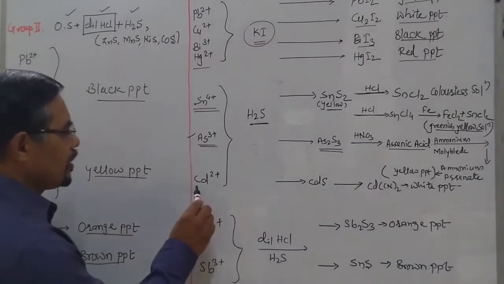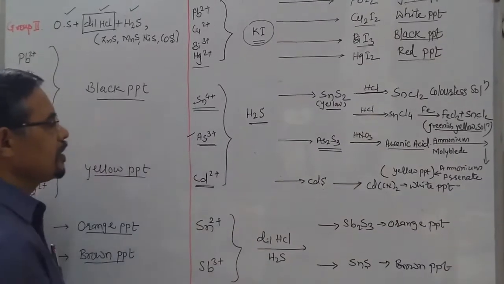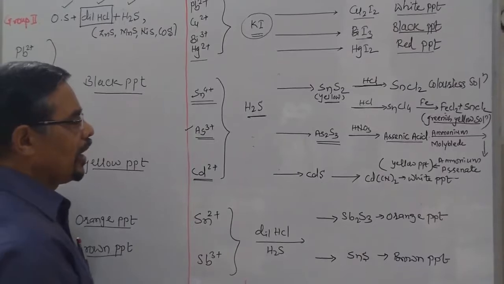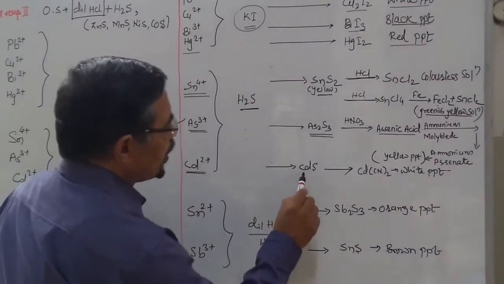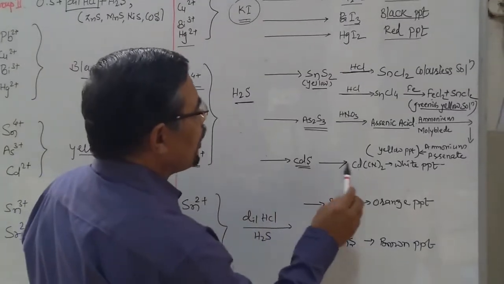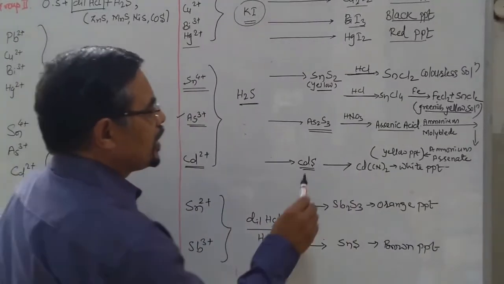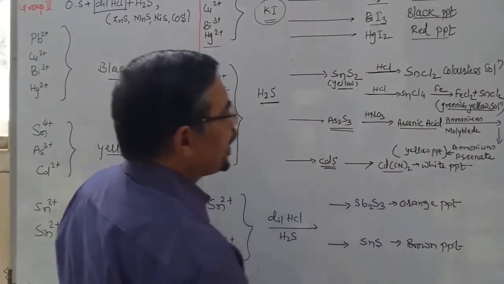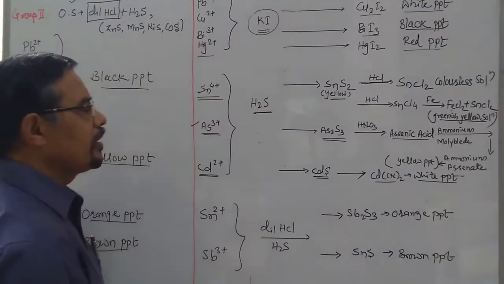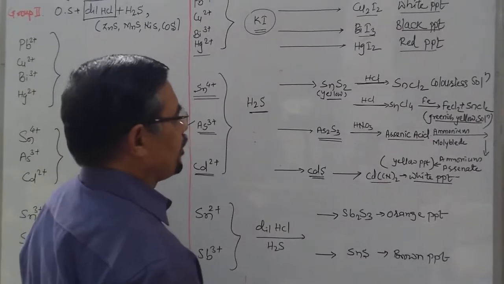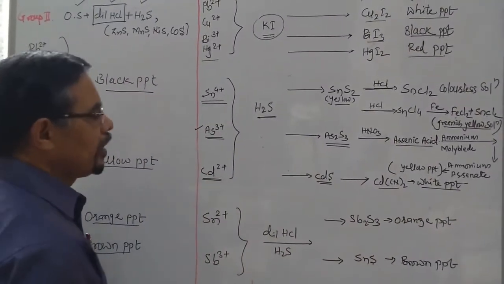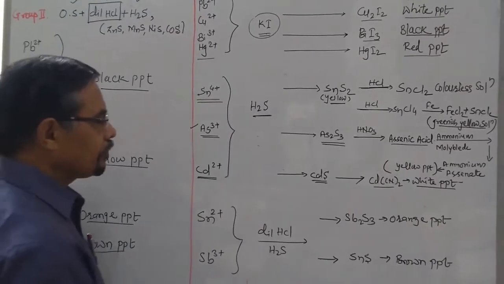Then the next radical in this group is Cd2+, that is cadmium dipositive ion. With H2S, it forms cadmium sulfide. This cadmium sulfide is converted into cadmium cyanide, and this cadmium cyanide is white colored precipitate. So this indicates the presence of cadmium in the given mixture.